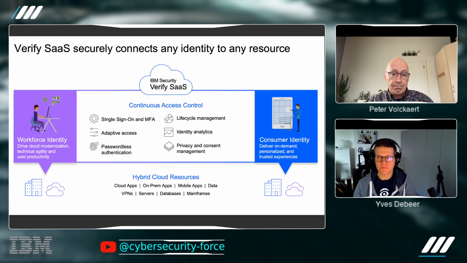So, the product we're showing here is Verify SaaS. It's a product that we've discussed in a previous webcast. It's connecting any identity to any resource in a secure way. It's otherwise known as an identity and access management as a service product, in fact, with all the functionalities that you can see here on the slide.